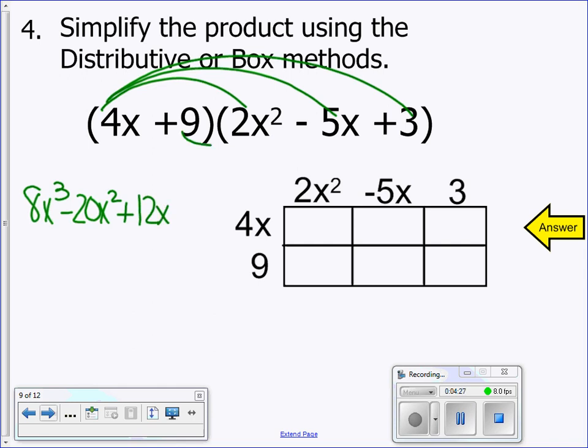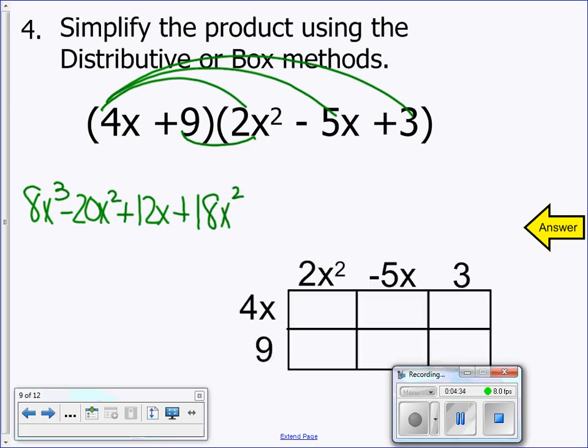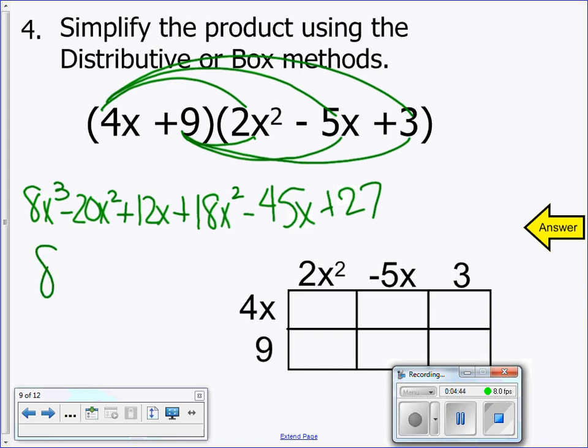Now we're going to do the 9 plus 18x squared minus 45x plus 27. When I combine like terms, I get 8x cubed minus 2x squared minus 33x plus 27.